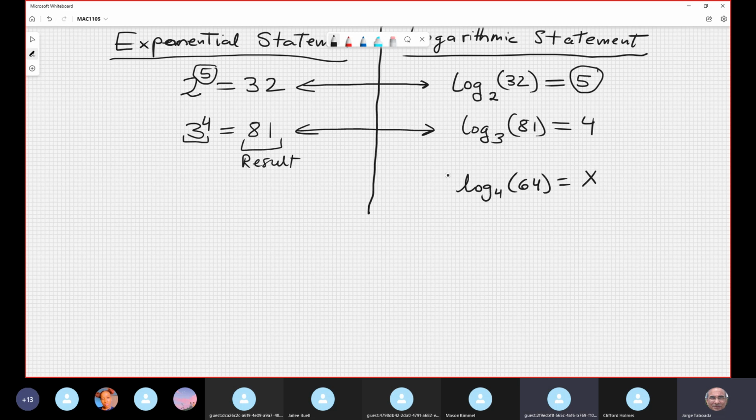Okay, so now, to find the exponent, you are doing the transformation in that direction. So I ask myself, what is the base in this statement? Oh, it's 4. I put the big 4. What is the exponent? I have no idea, x is equal, the answer is 64.